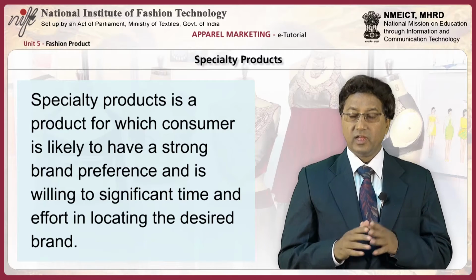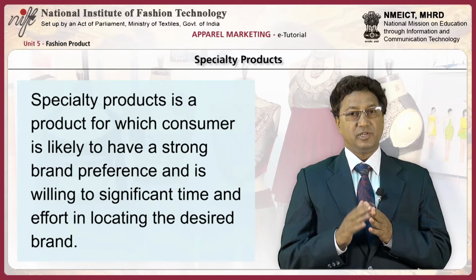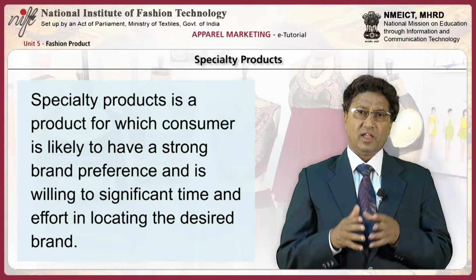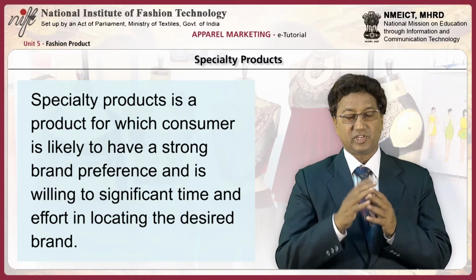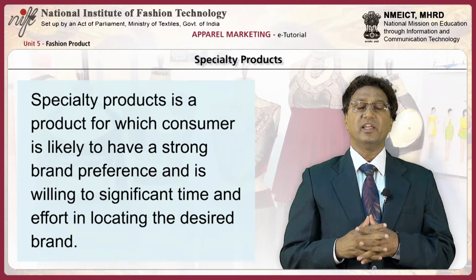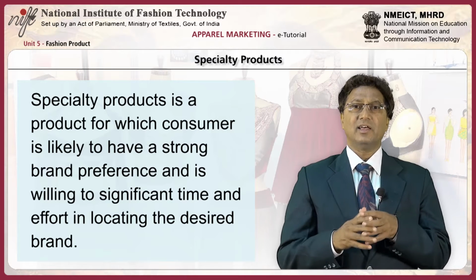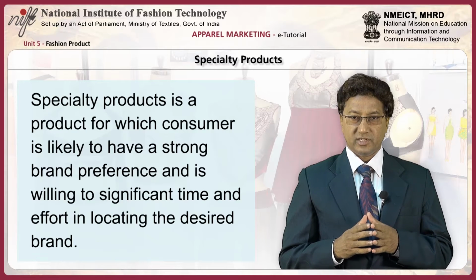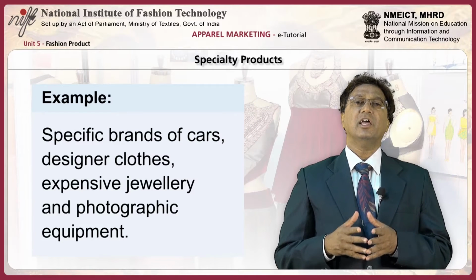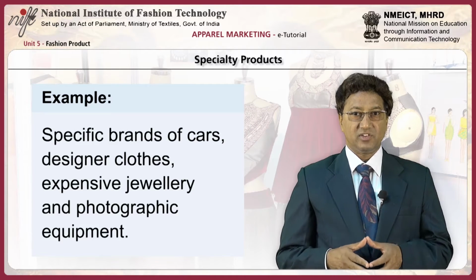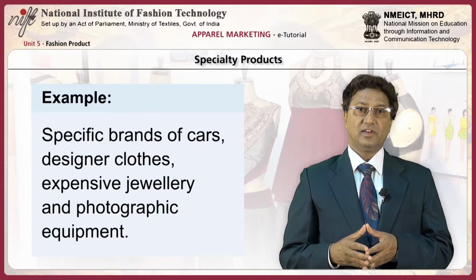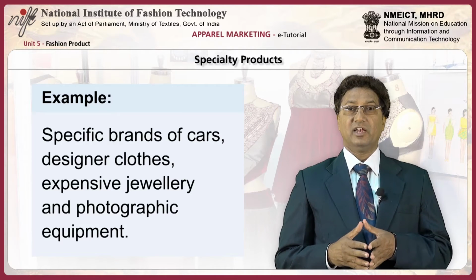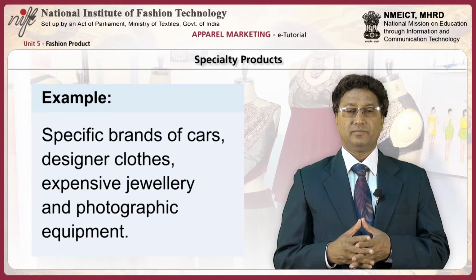Buyers normally do not compare specialty products. However, they spend substantial time and effort in planning the purchase, that is, deciding on the brand and arranging for the relevant sources to buy the product. Examples include specific brands of cars, designer clothes, expensive jewelry, and photographic equipment.